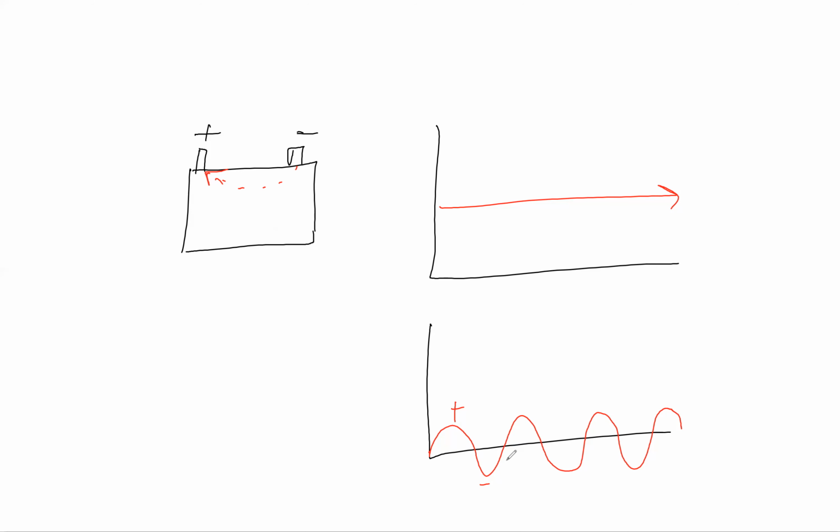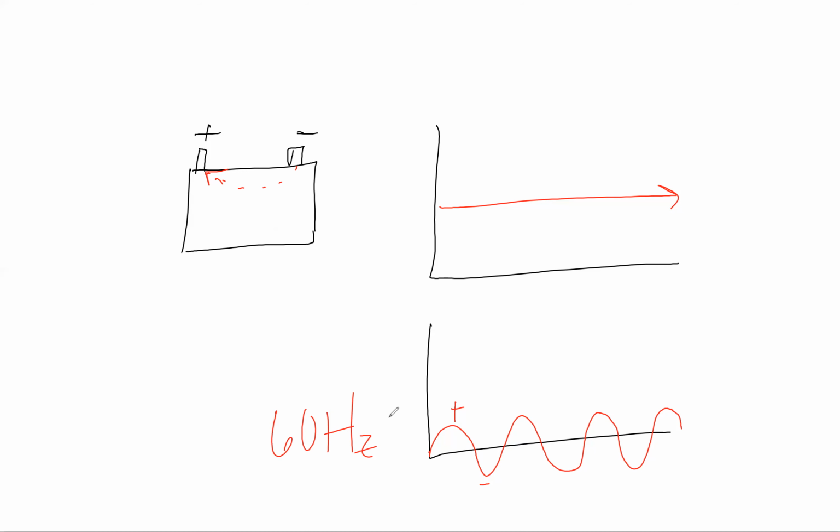Almost all residences, all commercial, everything uses that same voltage, and the frequency of the up and down that I drew here is about 60 hertz, so 60 cycles per second.